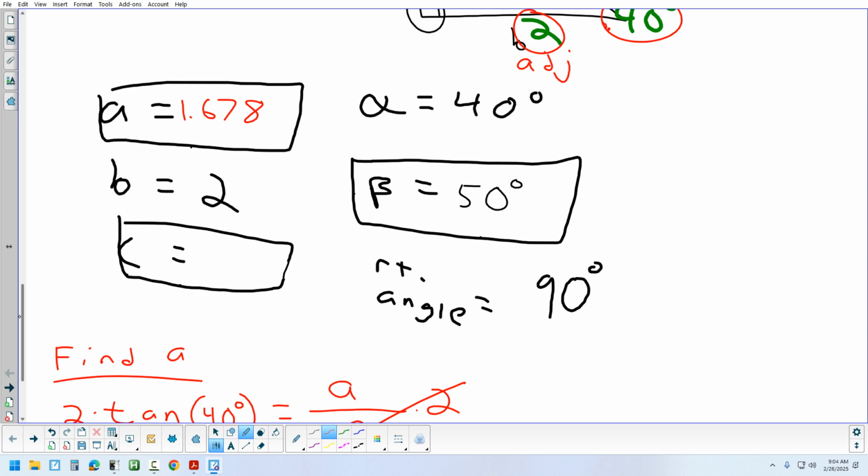All right, now we know 2 sides. What can you do when you know 2 sides to find the third one in a right triangle? Use the Pythagorean theorem. You could, but why do you think I'm going to say that's not a good idea? Okay, so this number is a decimal. It's not an exact answer.